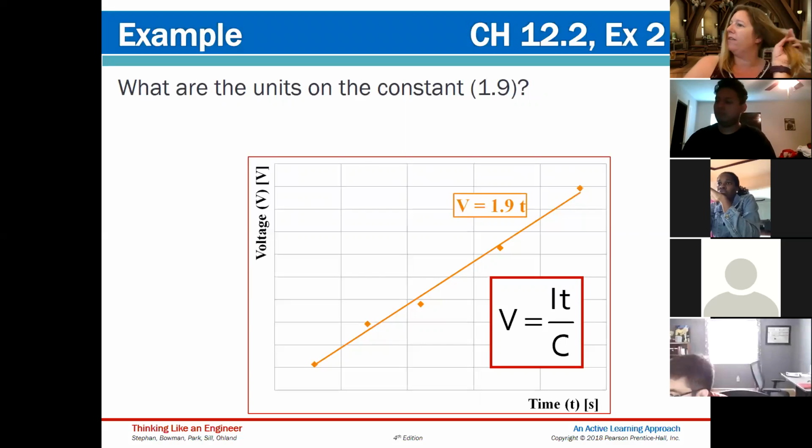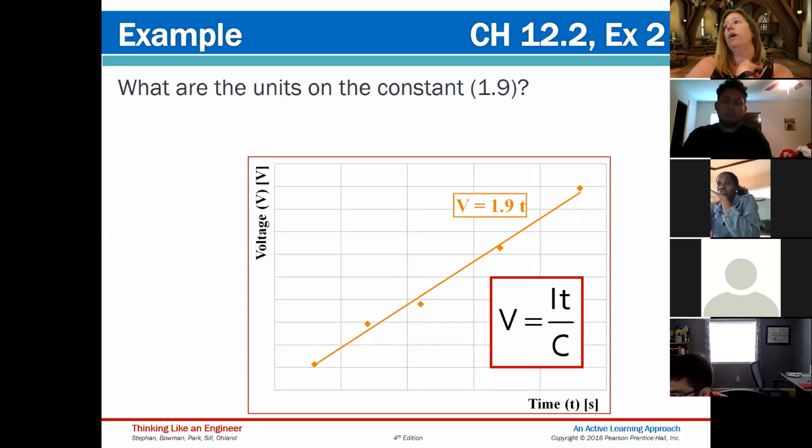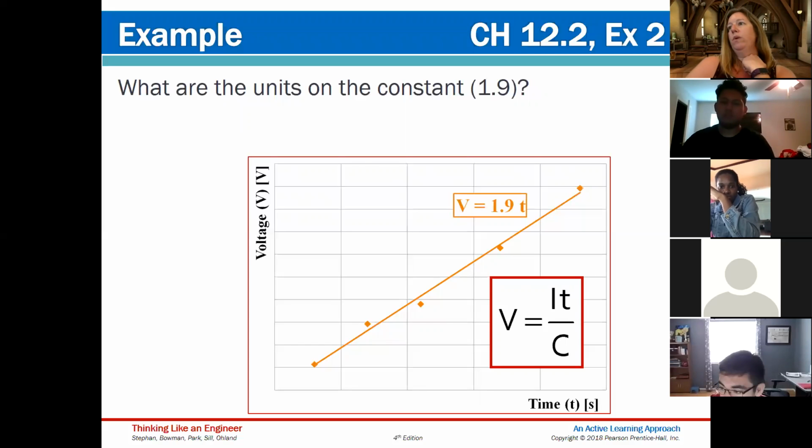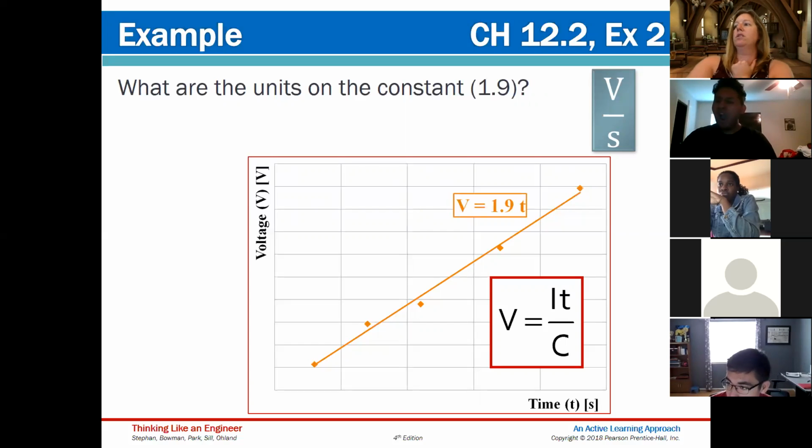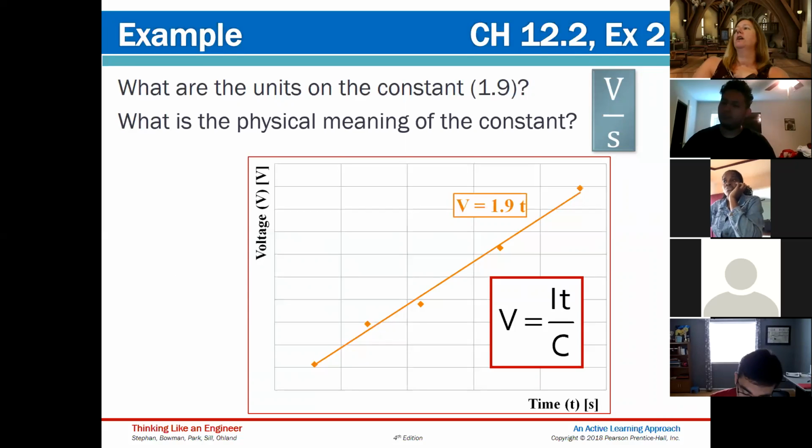If I have a graph with a trend line where V equals 1.9t, and we know our equation, talking about inductance, is I over C, we can then calculate what our constant units are. It's going to be volts per second when we move our t over to the other side of our equation. And the physical meaning of our constant is I over C.